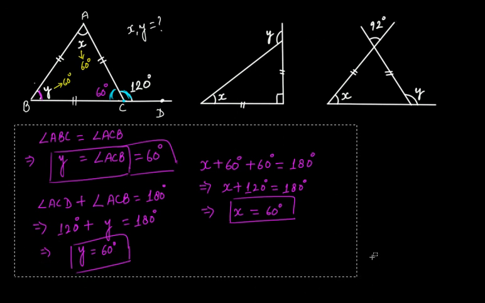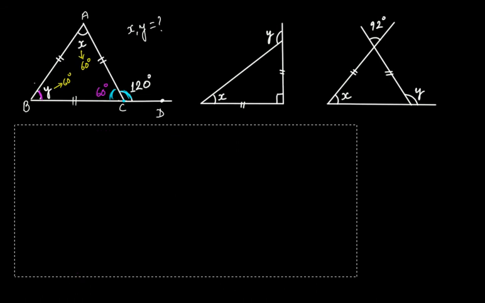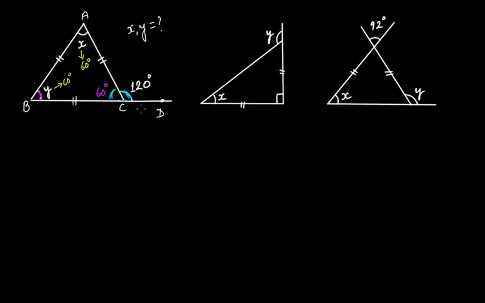Let's solve for the second one. In this case, these two sides are equal. So if we name it as A, B, and C, this tells you that this is 90 degrees, right?